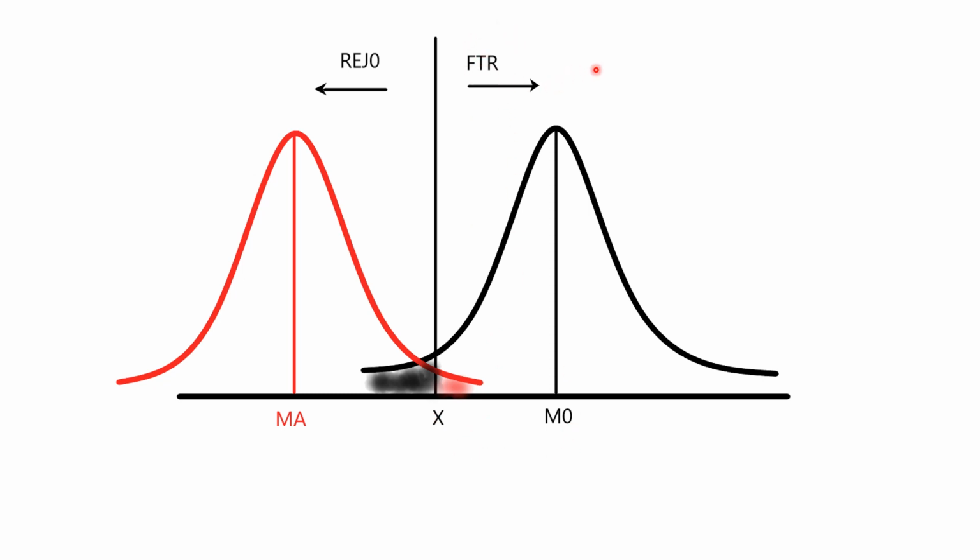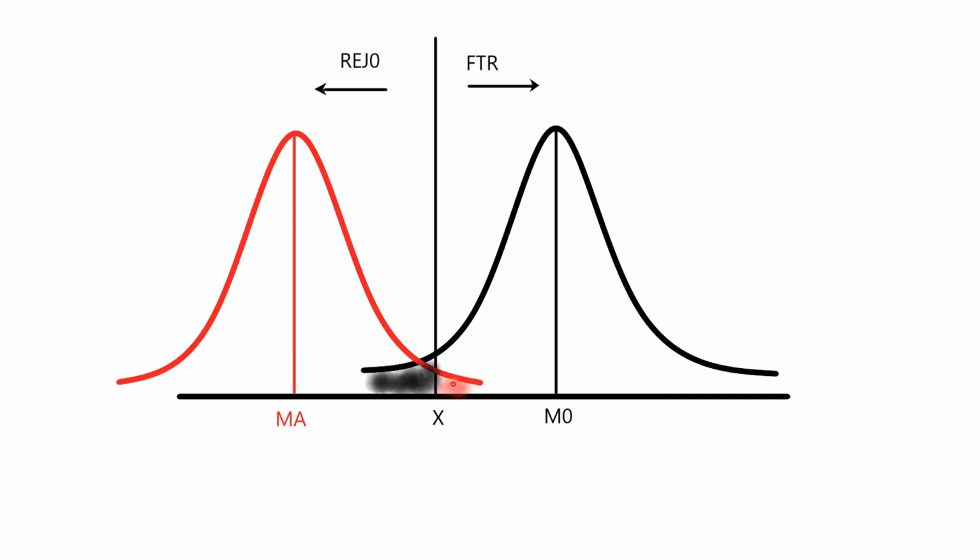What was beta or type 2 error? It was we fail to reject the null, so x is above this critical value point, but when our null is false and our alternative hypothesis is true.